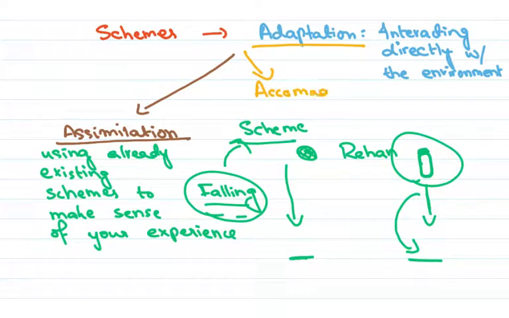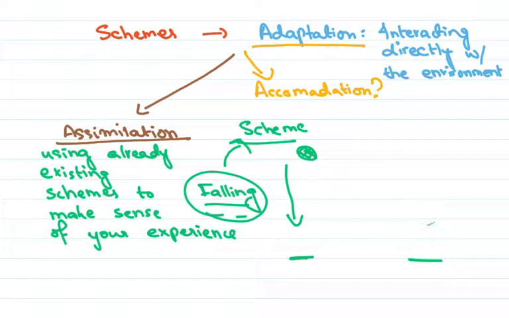Now, what exactly is accommodation? Let's suppose Rehan comes across a feather. Let's try drawing a feather. So we can erase the water bottle from here. This is Rehan here, and he comes across this feather. Well, let's suppose even a leaf, and he drops that to the ground.